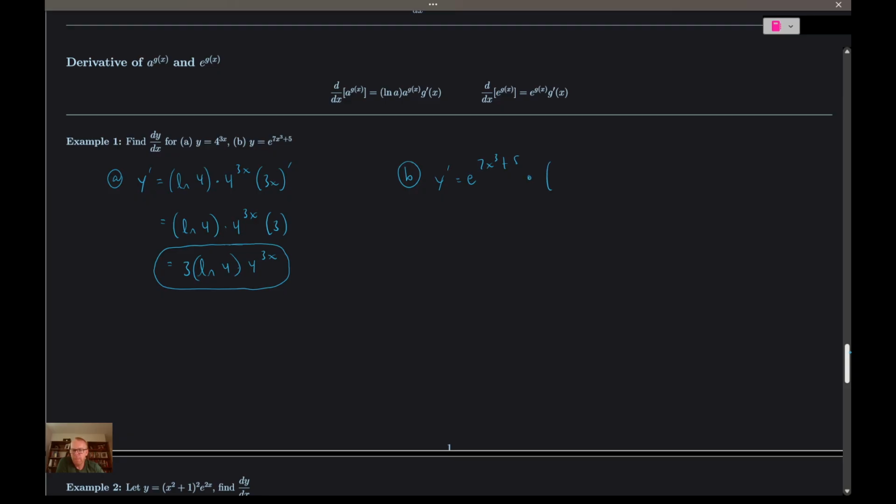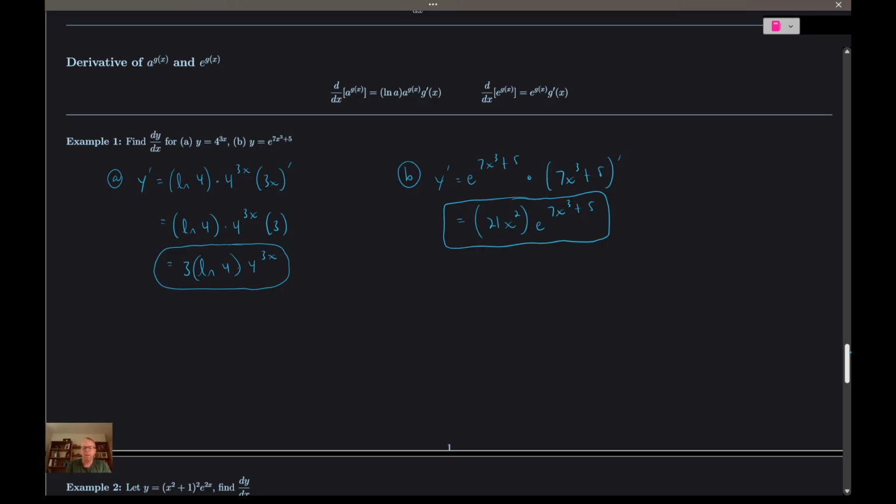Now we're going to multiply this by the derivative of 7x cubed plus 5. So we'll put this in the front. The derivative of 7x cubed plus 5 is 21x squared, and then e to the 7x cubed plus 5. And there is our derivative.